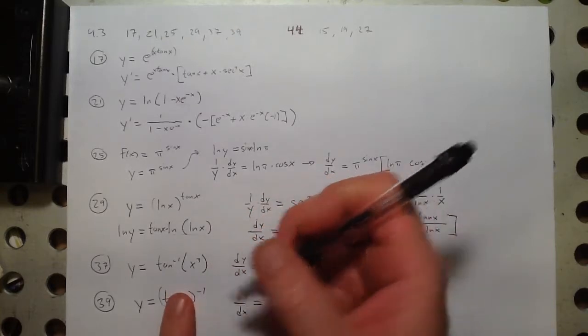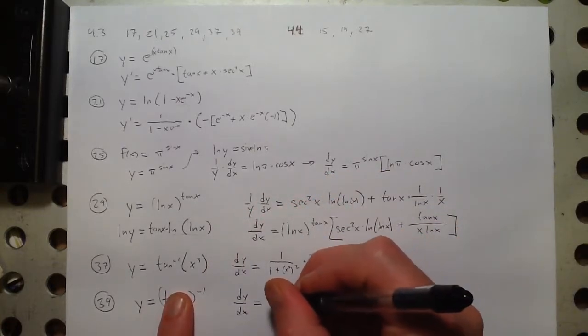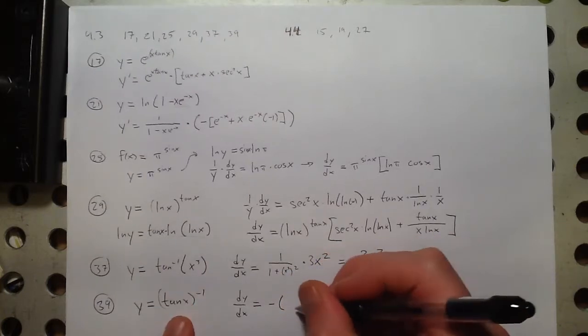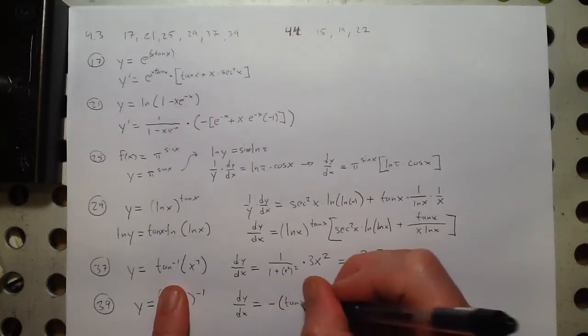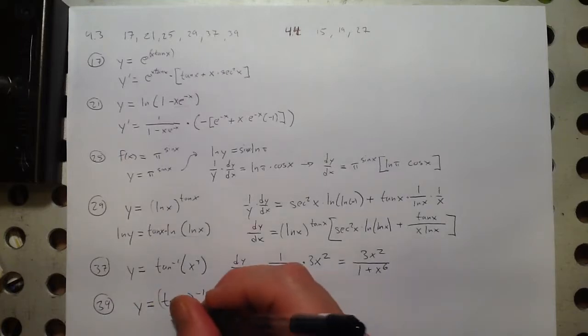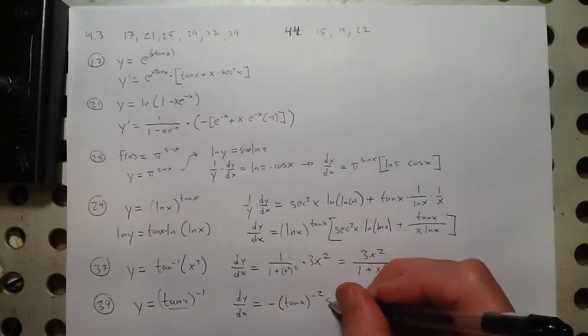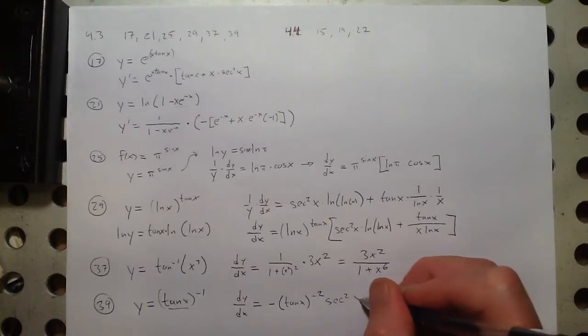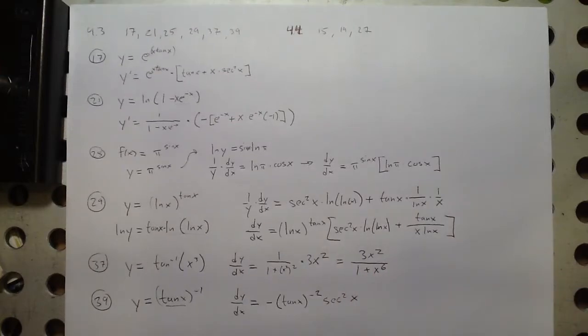The derivative of something to the negative 1 is negative something to the negative 2 times the derivative of what's inside. And that's it. You could try to simplify that a little bit if you want to, but not a huge amount to be gained there. So there's your answer there.